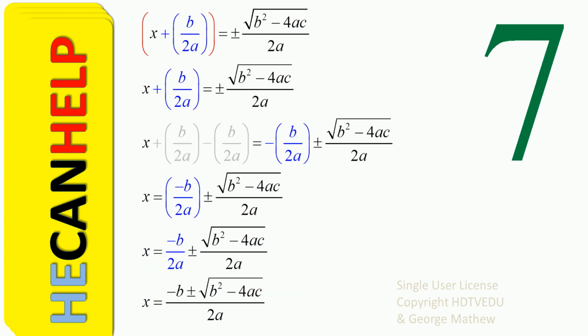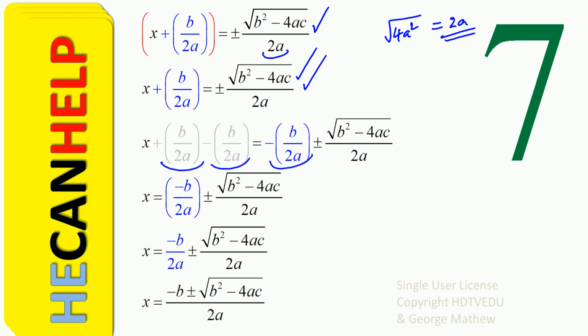Once I get there, I get two solutions. All right. Once I get here, I get x plus b over 2a equals plus or minus square root of b squared minus 4ac. What is the square root of 4a squared? That is 2a. Now we subtract b over 2a from both sides.